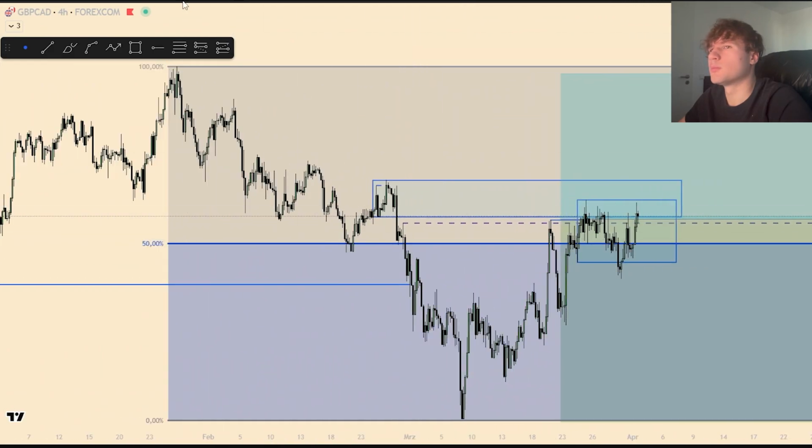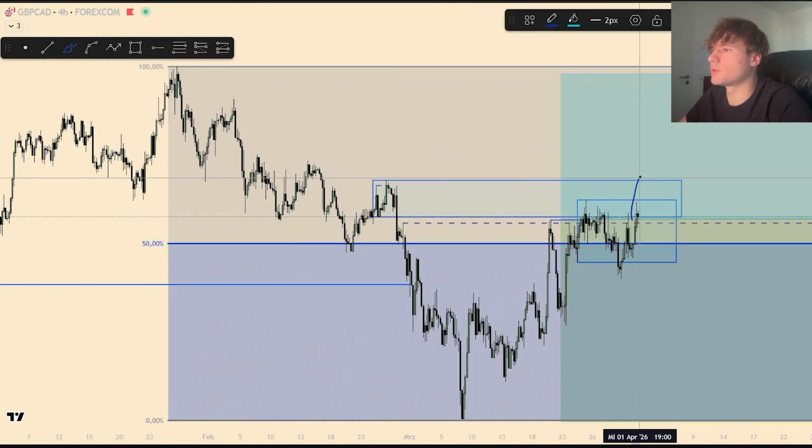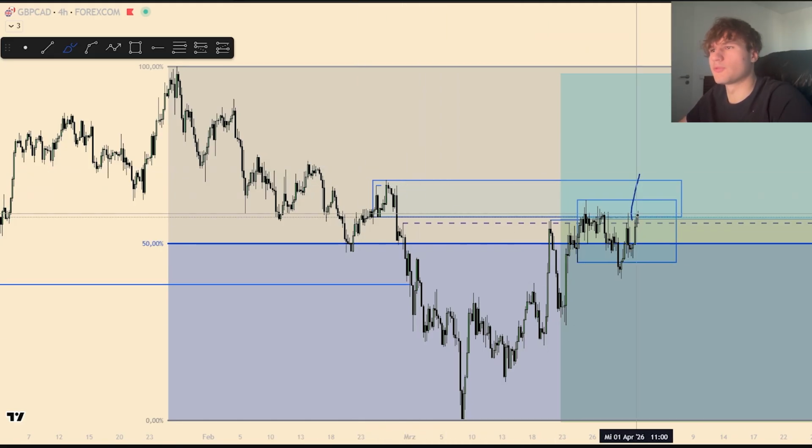And let's see, maybe we can see higher prices on this one to take out some more liquidity here, but for me a short is definitely valid.